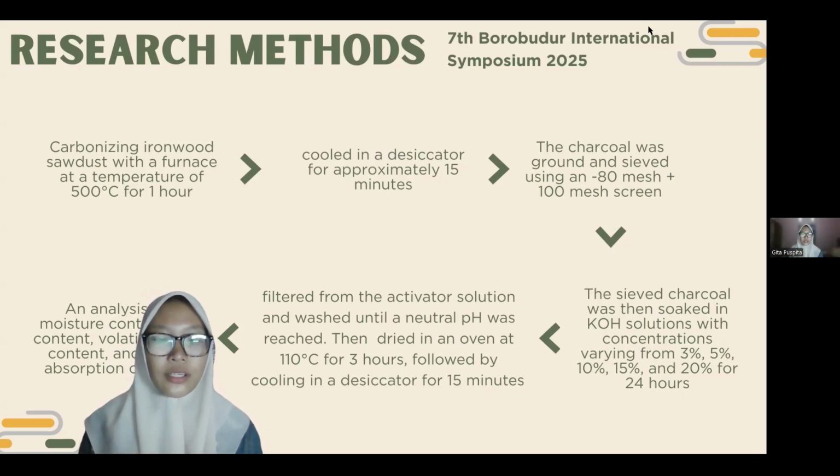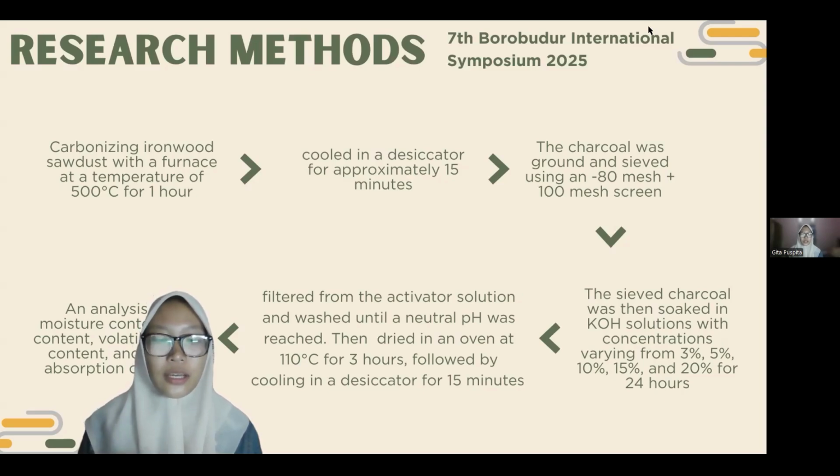After soaking, the activated charcoal was filtered from the activator solution using Whatman number 42 filter paper and washed with distilled water until a neutral pH was reached. The neutralized charcoal was then dried in an oven at 110 degrees Celsius for about 3 hours, followed by cooling in a desiccator for 15 minutes.